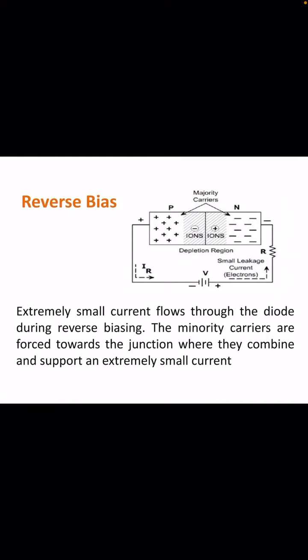In reverse bias the condition is just opposite, because the current flows only due to the minority charge carriers.